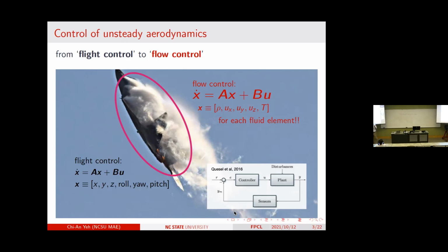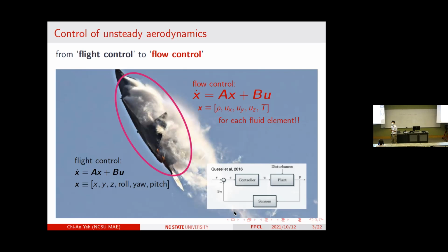X is the entire state vector. X is really just the 6 components: the location X, Y, and Z, X, Y, Z in terms of velocity, and the roll, yaw, and pitch. That's really just the 6 components you have to worry about. And knowing those six components, you can control your airplane really, really well, right?